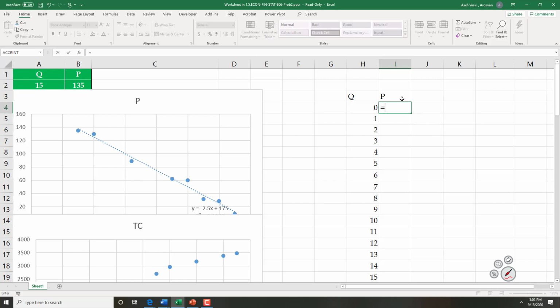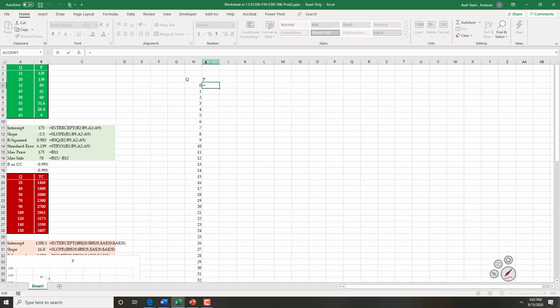Now I say equal to, let's look at my demand, equal to price, and I lock it because I'm going to copy it down, plus slope, and I lock it because I'm going to copy it down, multiplied by quantity.